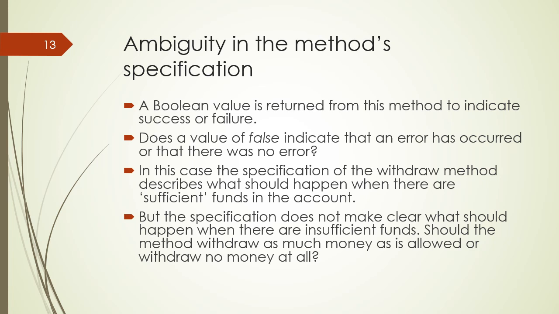As you know, a Boolean type has two values, true or false. Does a value of false indicate that an error has occurred or that there was no error? So the specification of the withdraw method has an ambiguity about the error.